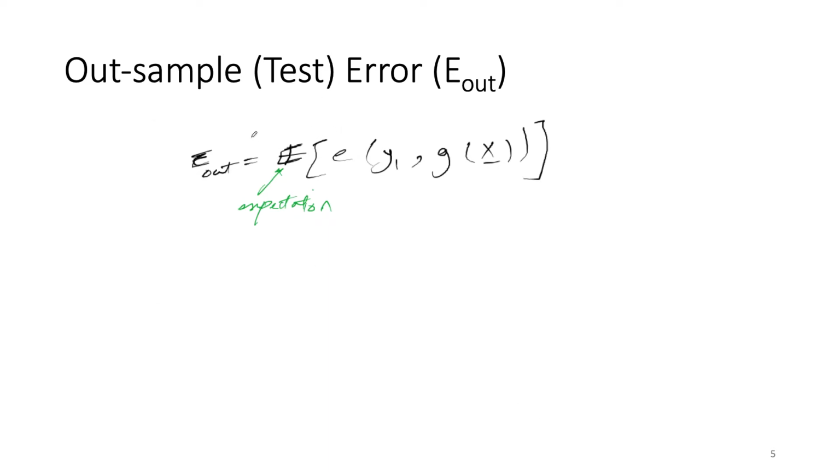Since we are using a probability to test the accuracy of our trained model, depending on the number of times we draw that, and depending on the way we do that, we're going to have an expectation here, in statistics.